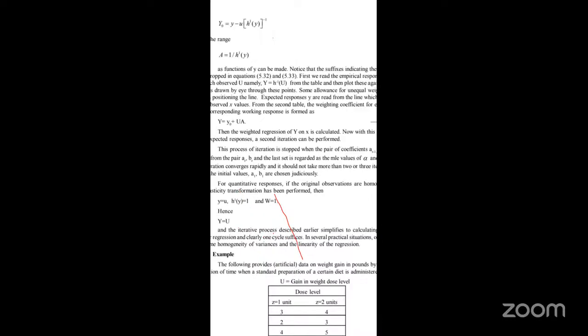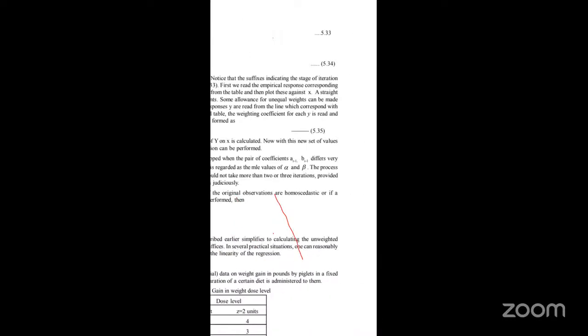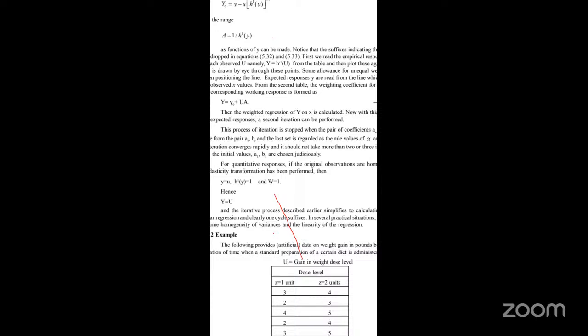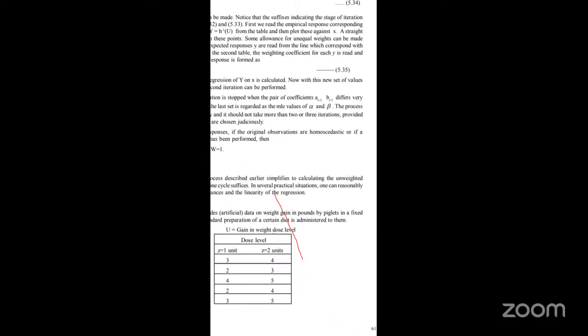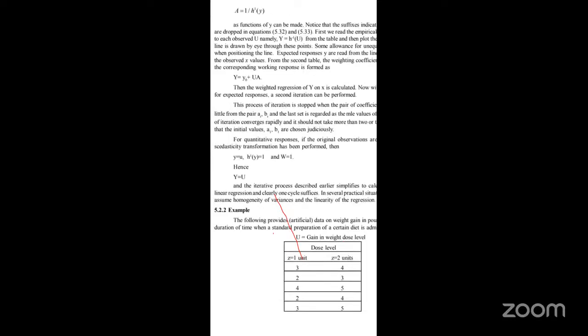From the second table, the weighting coefficients for each y read are obtained, and the corresponding working response is formed as capital Y equal to small y plus U times A. Then the weighted regression of capital Y on X is calculated, now with the new set of values for expected response. A second iteration can be performed.